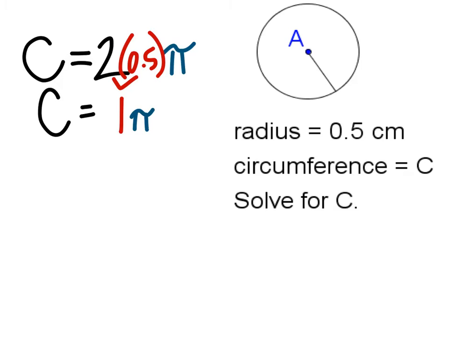This is the exact answer. So 2 times the radius gives us the diameter, which is 1. So now we've just written this in terms of the diameter instead of the radius, which is the exact answer, 1 times pi. If you wanted to make that a 1 pi, that's okay. I'm going to keep it as 1 pi though, but either way works.